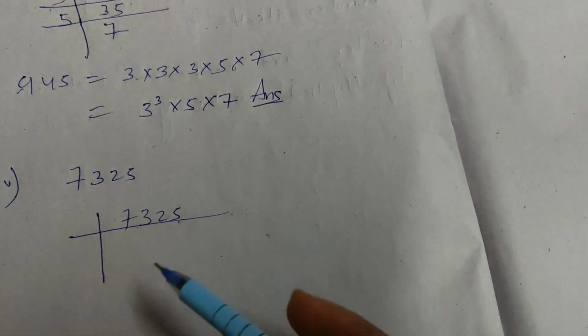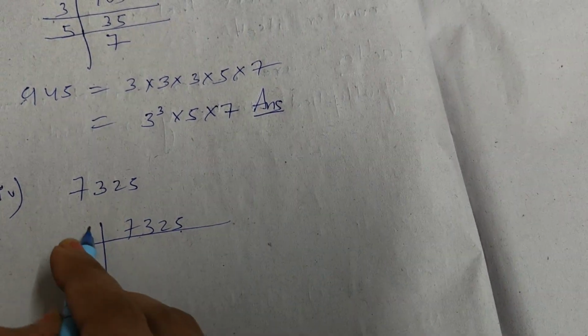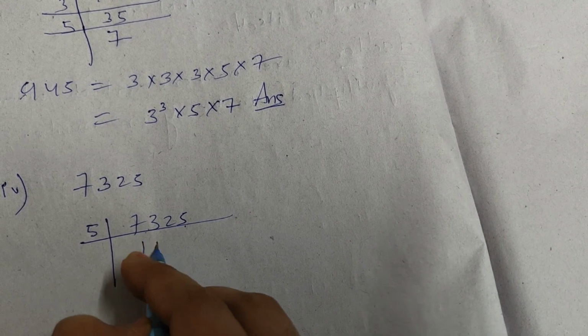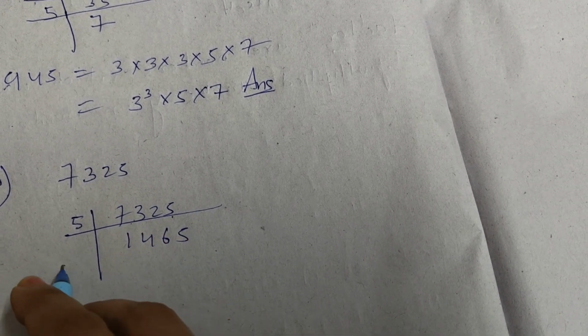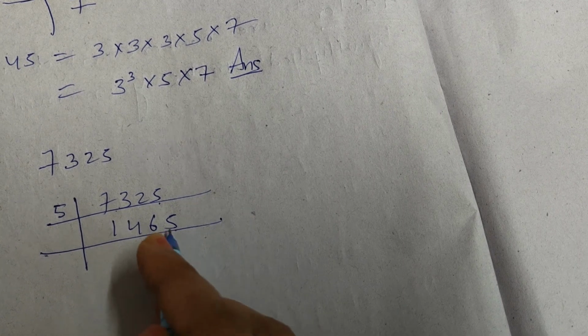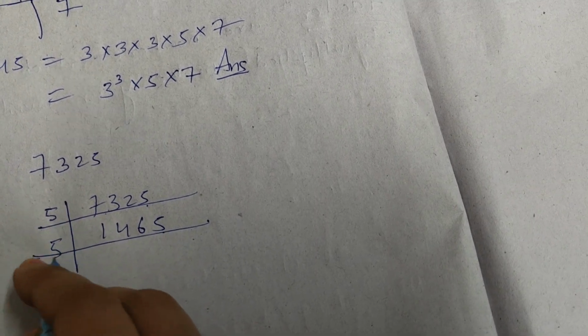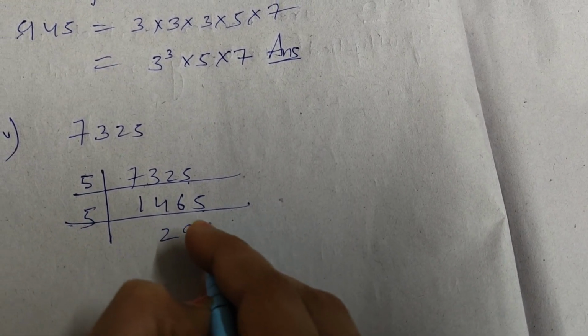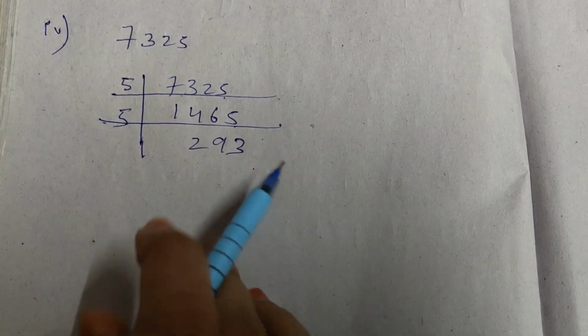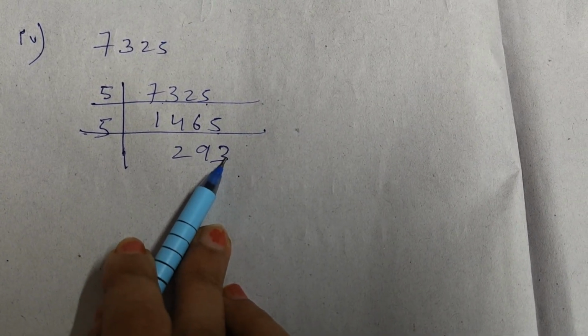Okay, so we directly divide by 5. If you divide we get 1465. Now again the last digit is 5, so we again divide by 5. We get 293. Okay, so now it is not divisible by any prime number, so we stop here.